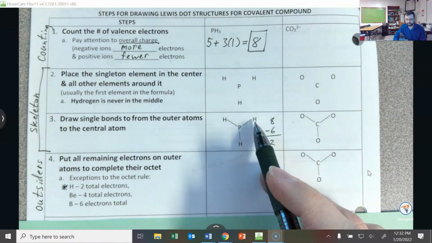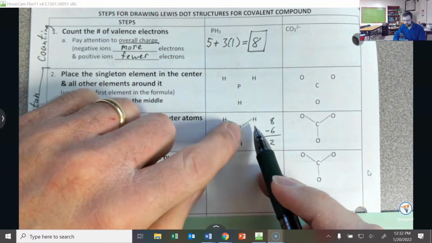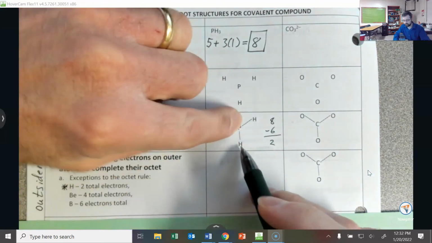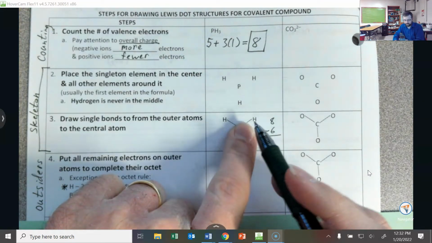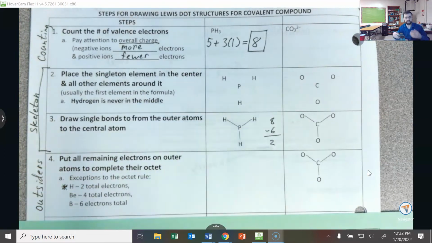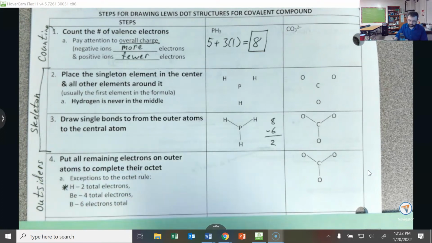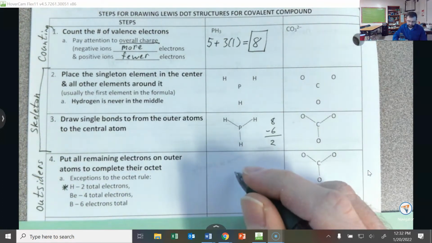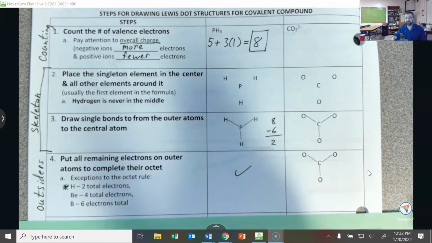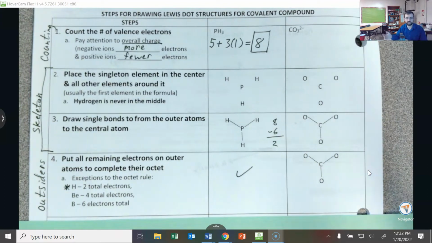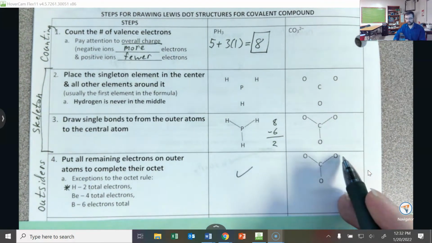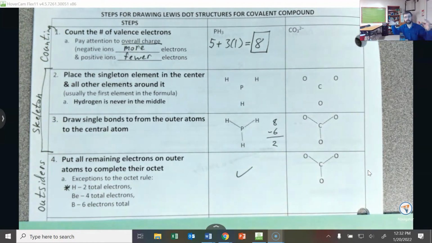In this case, I am dealing with hydrogen, and it already has 2. This one does also, and so does that one. Each hydrogen has 2 valence electrons already. So we are not going to do that because it's already happy. Hydrogen's already got the number of electrons that it wants. If it was something else, like oxygen in this next example, we're going to put our electrons out there first until we get up to 8.